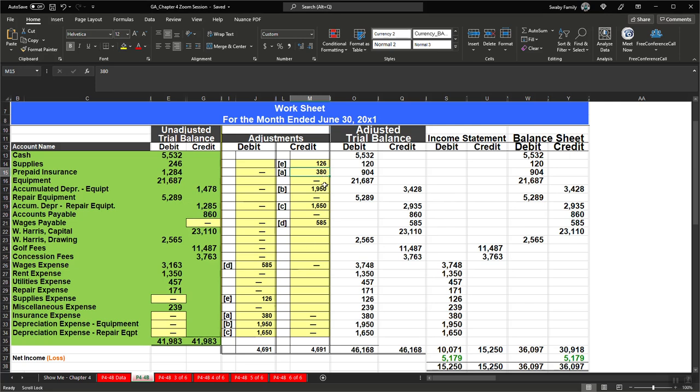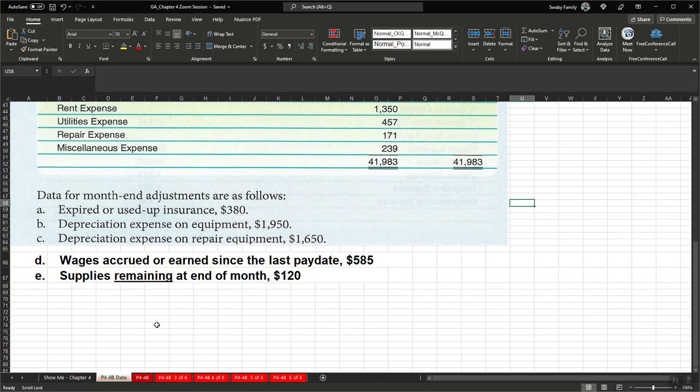And of course, we now have an expense for the amount of $380. You can see that there. The next one we have is depreciation, where we are reducing the original cost of the asset and creating an expense for the amount that was used.